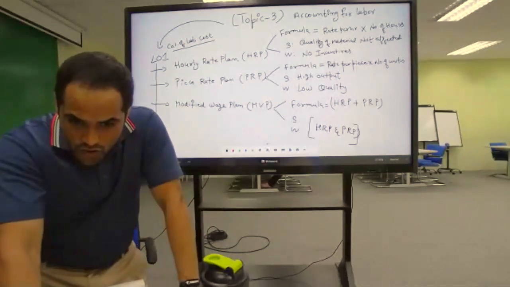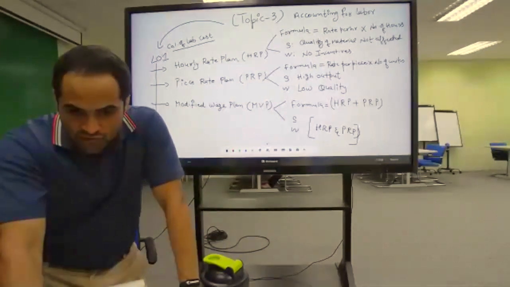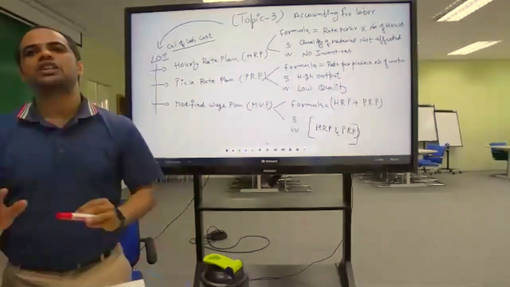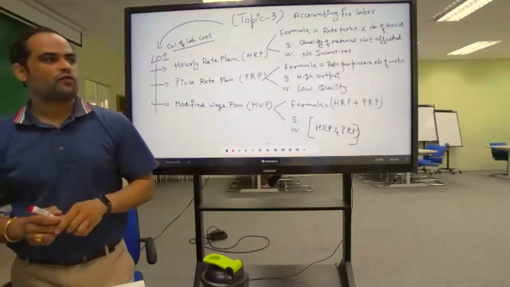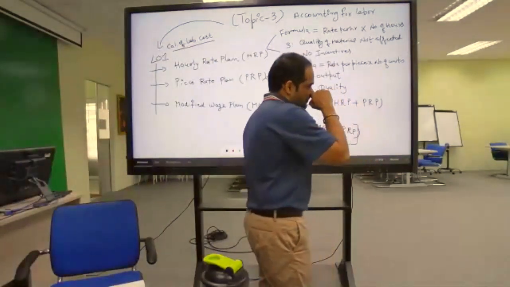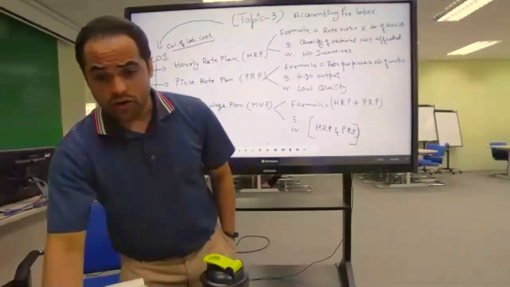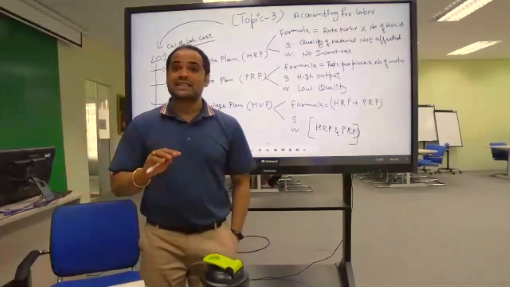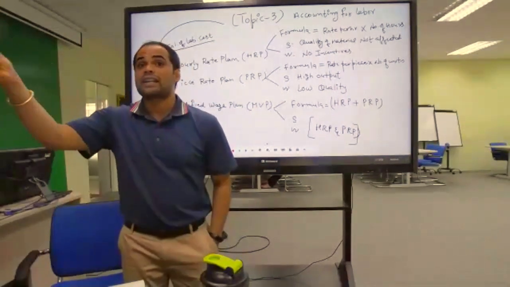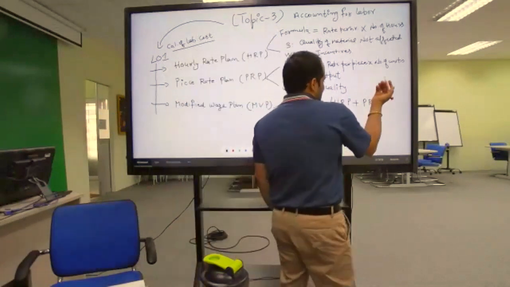Next is, how do you pay salary for the modified wage plan? It's a combination of both, as I said. For example, the company decided to pay me $10 per hour plus selling a product, which is an extra commission for me. So for example, I'm a salesman.